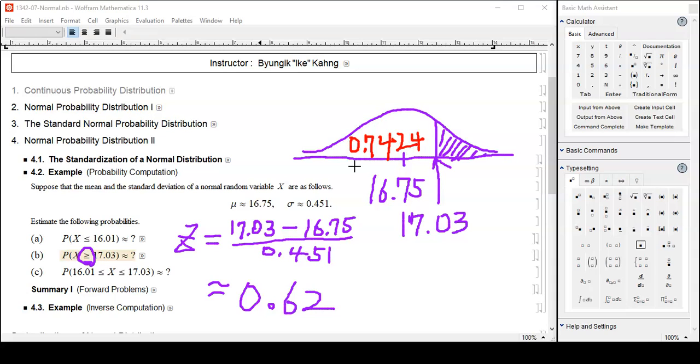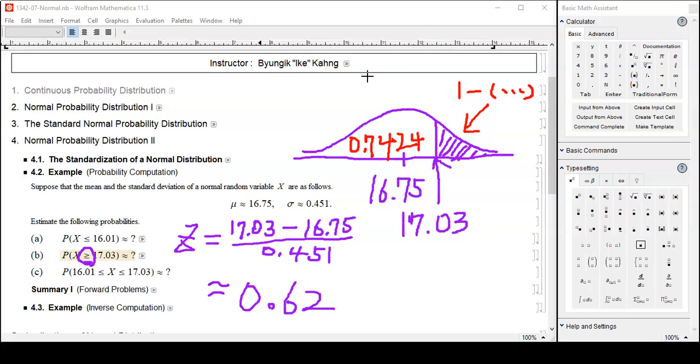But in any case, this part is 1 minus of that. Because total area is always 1, and the z-table gives you only the left-hand side. We want right-hand side, so we need 1 minus of that. Okay, that was the main idea.